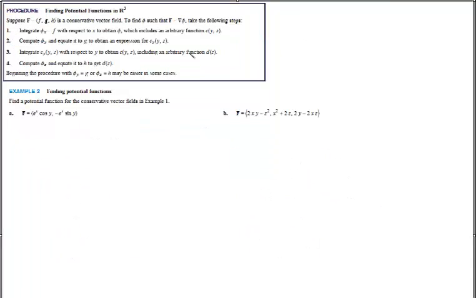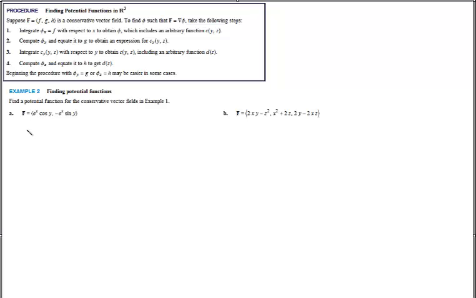They give us a procedure for finding our potential functions. So we're going to follow their procedure. We have some function f. Ours is in 2 space for our first one here, and we're going to find that phi.